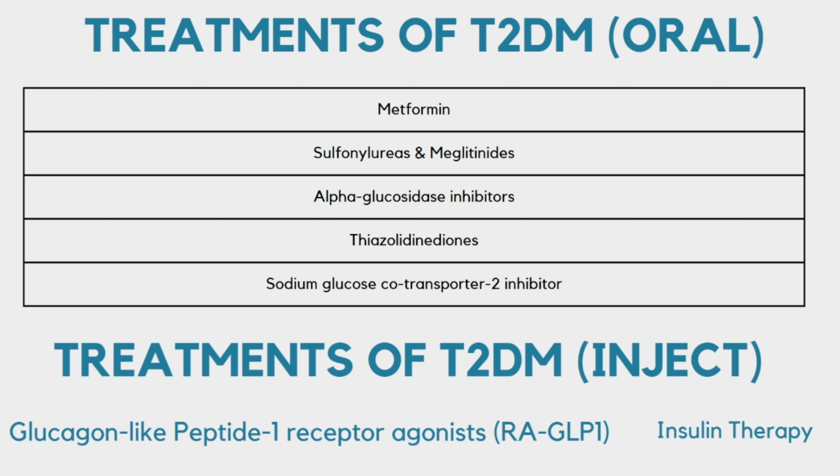If you go to a pharmacy book, there are actually more than that. These are oral treatments that you eat. There are also injections: you can inject glucagon-like peptide 1 receptor agonists and insulin therapy. So normally I explain the oral ones.